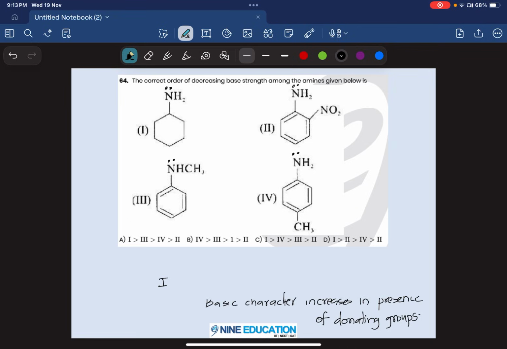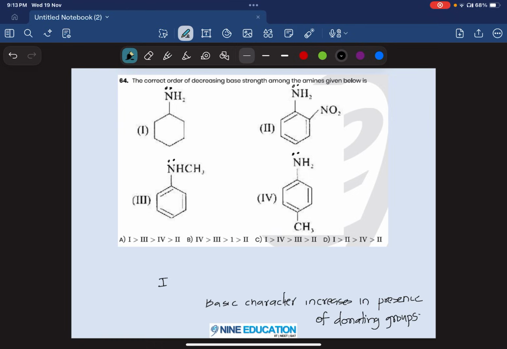In the presence of donating groups, the basic character increases because these donating groups further enhance the electron density in the entire system. Because of the increase in electron density, the nitrogen would be able to donate the electrons much more easily.